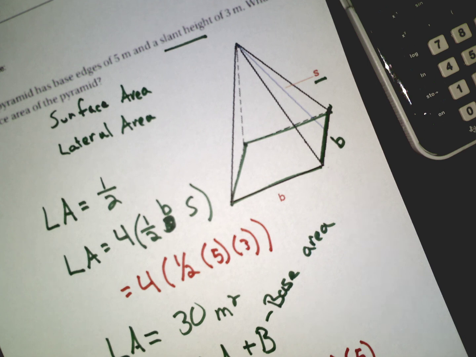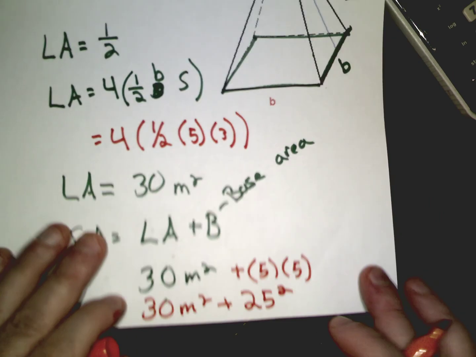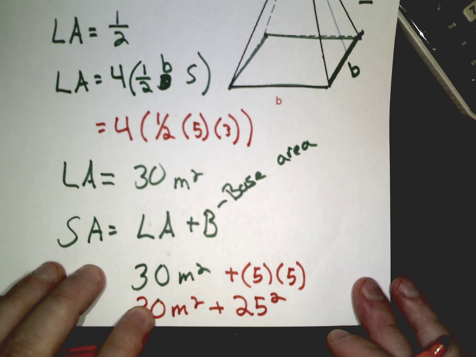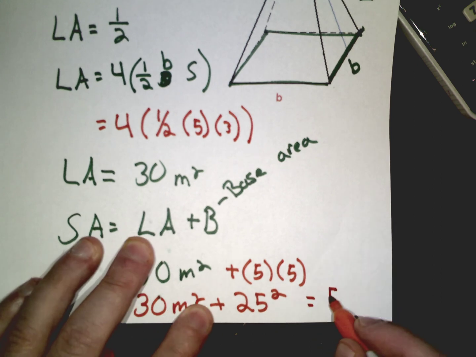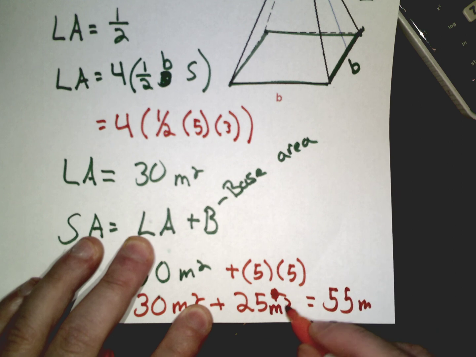Now I'm just up to, oh my God, I'm sorry, getting too carried away and running out of paper here. I'm so excited about this. 30 plus 25 is 55.